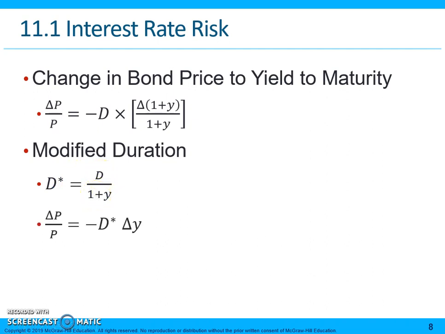So if we're going to calculate the change in price using modified duration, it's just minus D star times the change in yield, because since we're dividing by 1 plus y, this cancels out the bottom portion of this fraction.